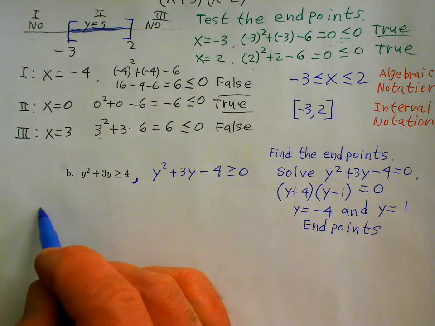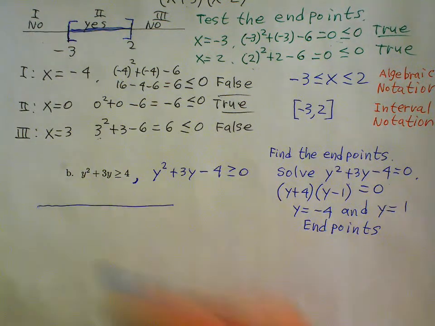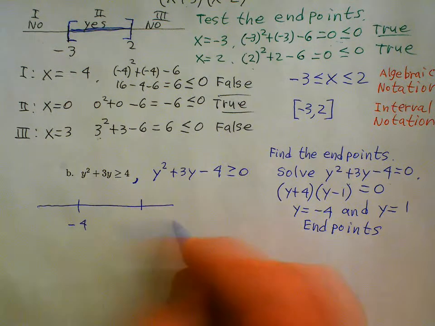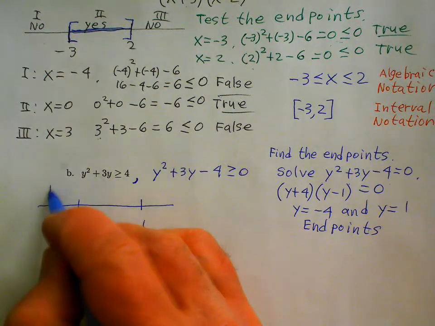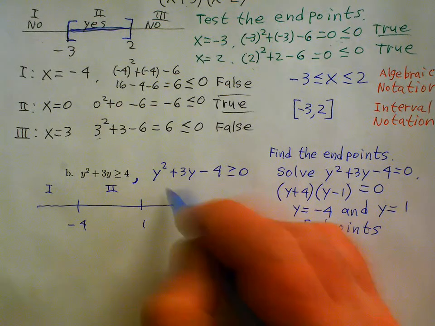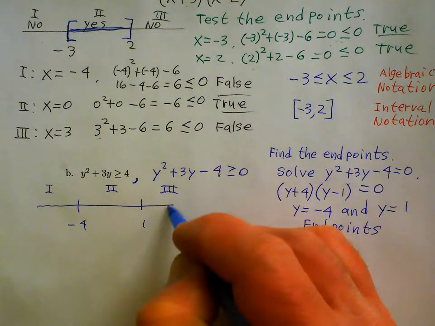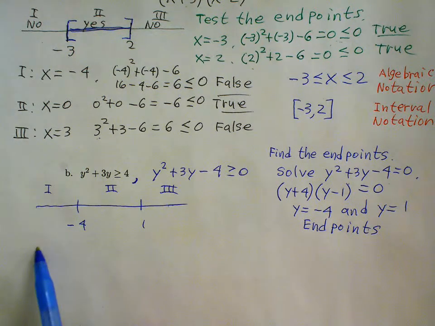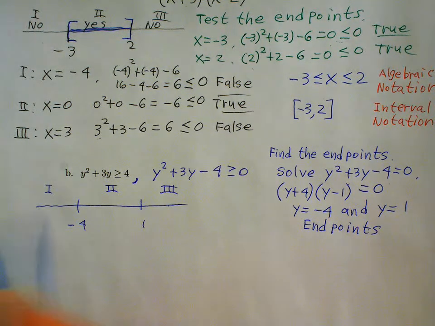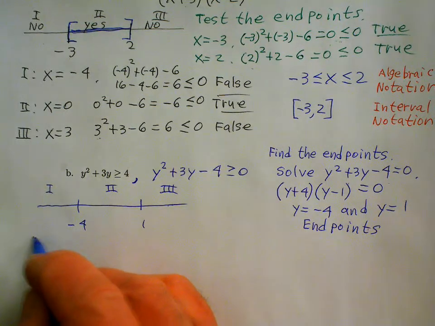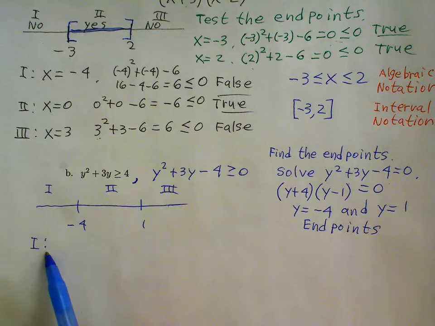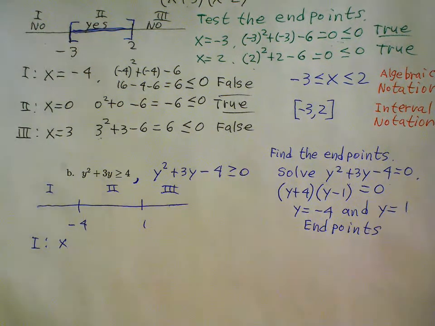Okay, so just like we did in the previous example, we divide the number line into separate intervals, 3 separate intervals. And then we go through the tedious process of testing the intervals. The first interval on the left, pick a number less than negative 4.